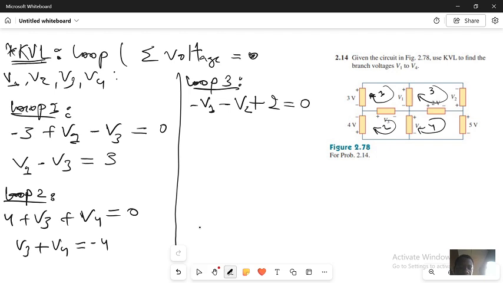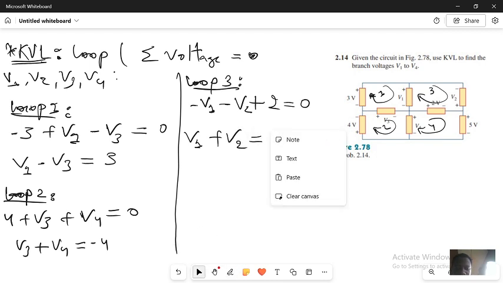Or if I take this minus V1 to this side, I will have V1, and this minus V2 to this side, I will have plus V2 equal to 2.